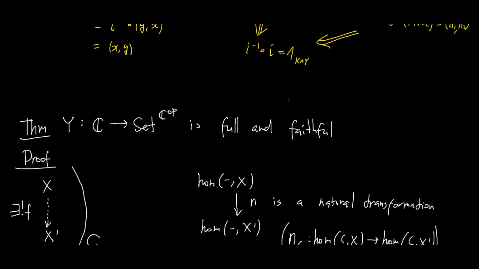But let's write these definitions out so that I will write them separately, and then together it means what we proved. What does it mean for a functor to be full?